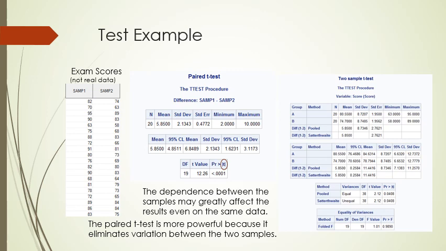Instead of testing the difference, we directly test the equality of two means. Both samples have 20 observations. We have two methods, the pooled t-test for equal variance and the Welch-Satterthwaite t-test for unequal variance.